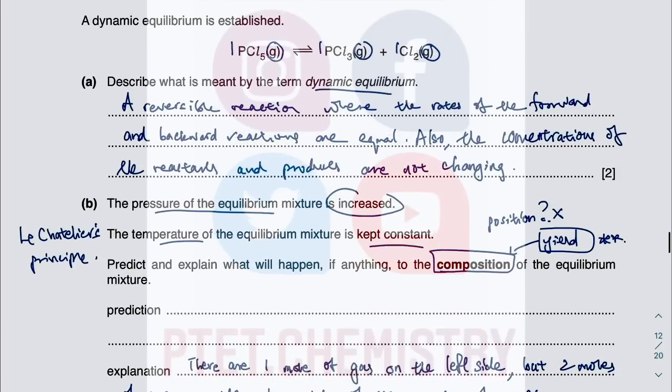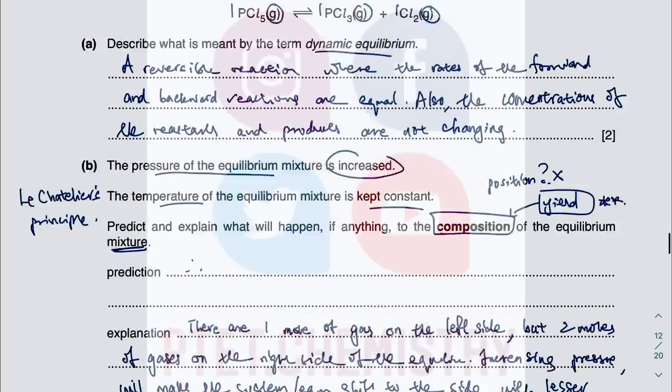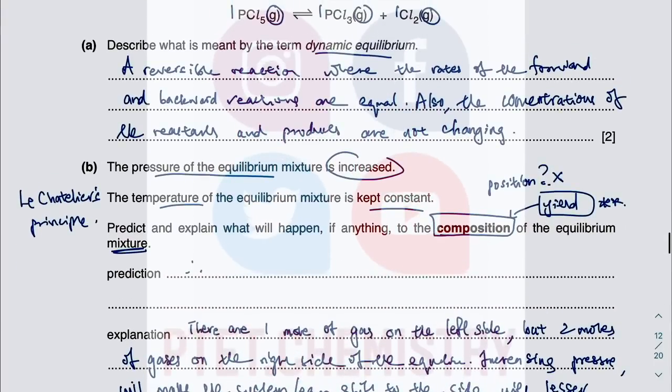When you favor the backward reaction, what happens to the composition of the equilibrium mixture? They talk about the mixture, so you need to be careful there. My prediction was it will favor the left, the backward reaction. So in terms of the composition of the equilibrium mixture, the amount of PCl5 would increase.